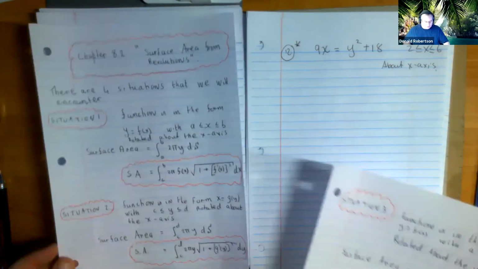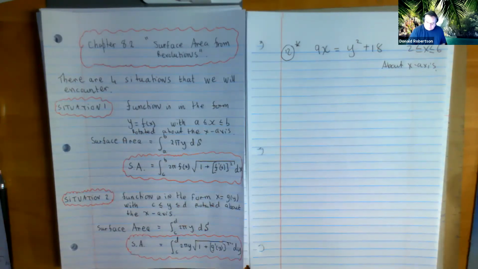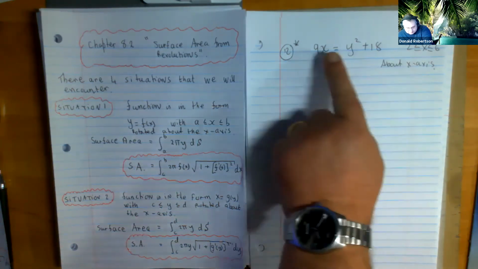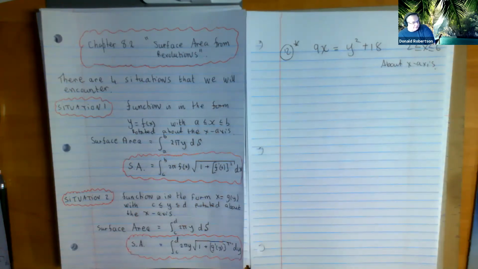Any suggestions about what we should do? Since we're rotating about the x-axis, it has to be one of these two. This looks like the information is kind of mixed up. You're rotating about the x-axis, but it's been written as 9x equals this guy.